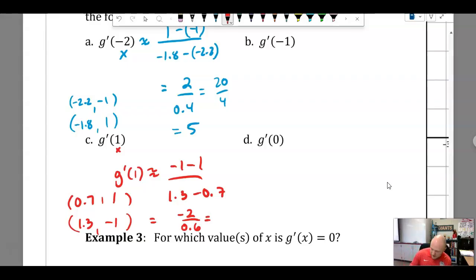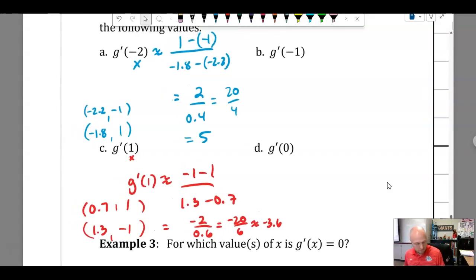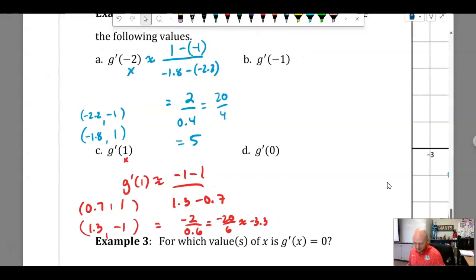If you wanted to use that trick multiplying by 10, we get negative 20 over 6, which is approximately negative 3.6-ish. No, negative 3.3. It's a 2, not a 4. Negative 3.3.